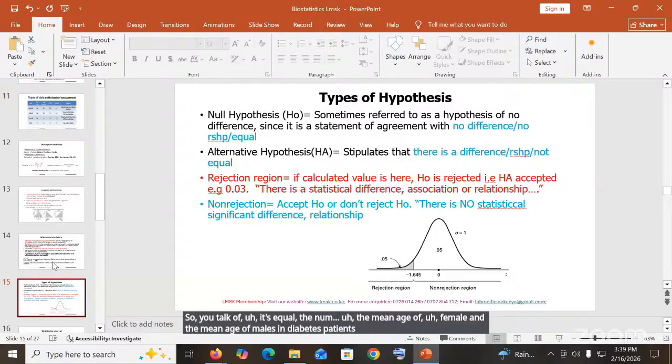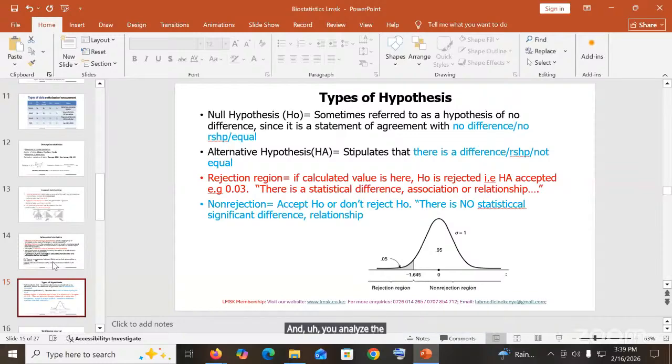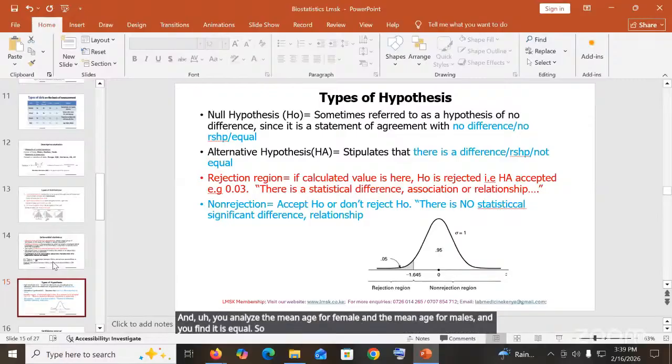This means you collect the ages of the patients coming to the diabetes mellitus clinic, analyze the mean age for females and the mean age for males, and find it is equal. That means there's no difference, no relationship between gender and the mean age of diabetes.